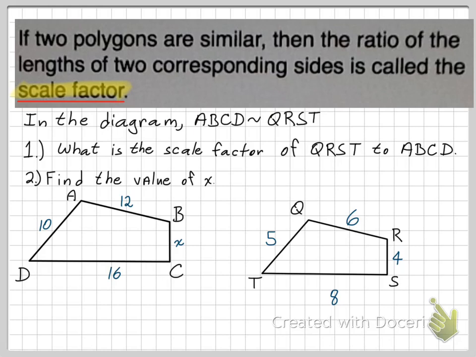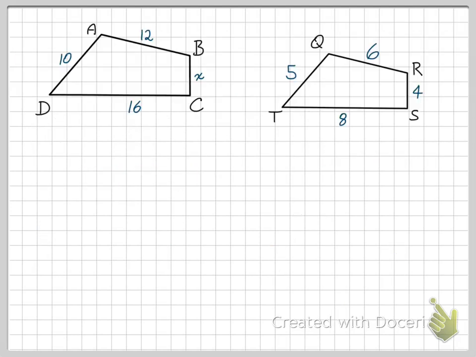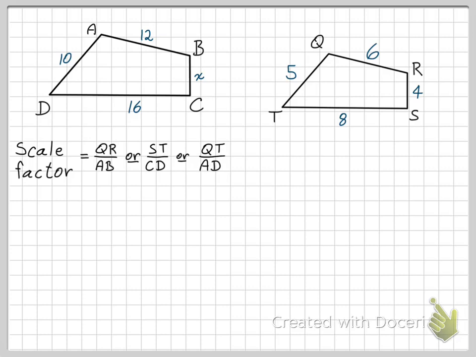So we have these two figures, and let's work on this problem first. What is the scale factor of QRST to ABCD? Here's the same two figures again, just rewritten for your convenience. The scale factor is going to be obtained by taking the ratio of corresponding sides.